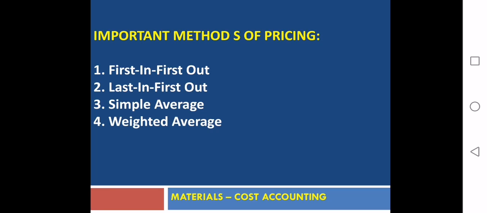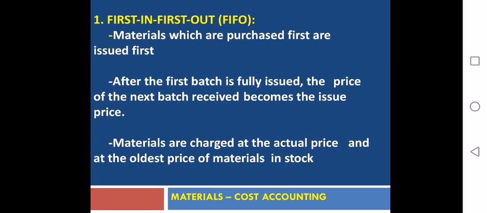There are four methods, as I said: first in first out, last in first out, simple average method, and finally weighted average method. These are the four important methods of pricing material when they are issued from stores to production. We will discuss in detail one after the other.